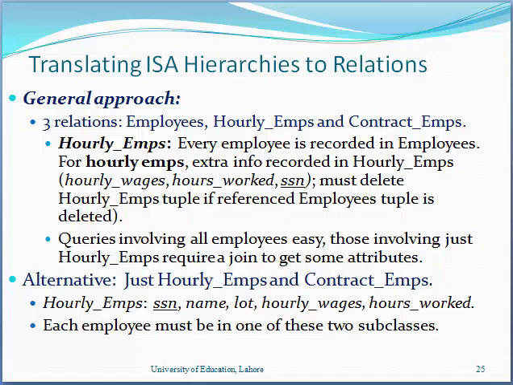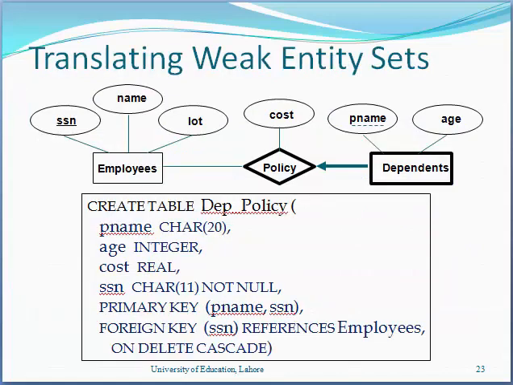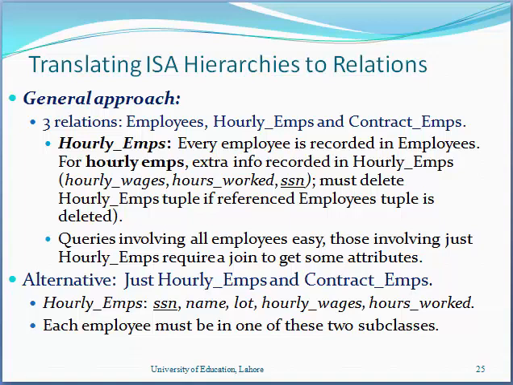There is a relation among them. It means every employee is recorded in the employees, and for hourly employees, extra info is recorded in hourly employees, and the hourly employees tuple is deleted if the referenced employee tuple is deleted. Alternative, just hourly employees and contract employees. These are the hierarchies of these relations.